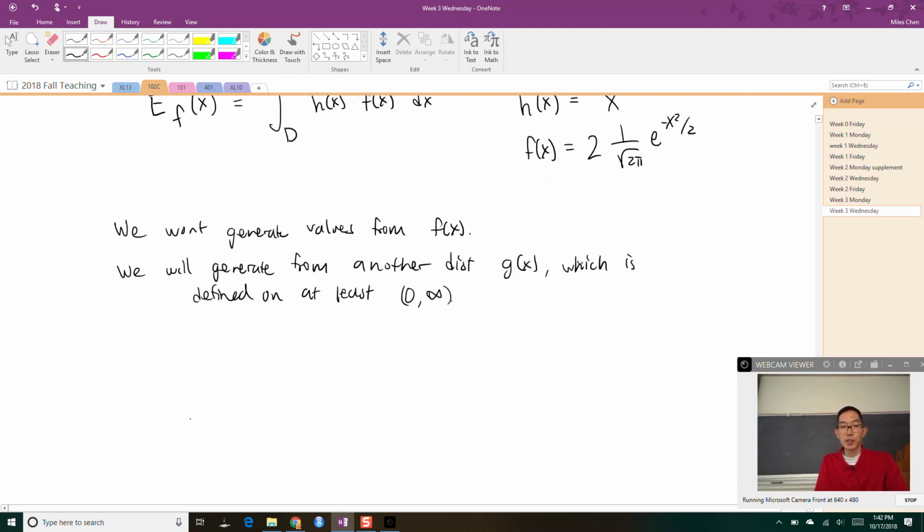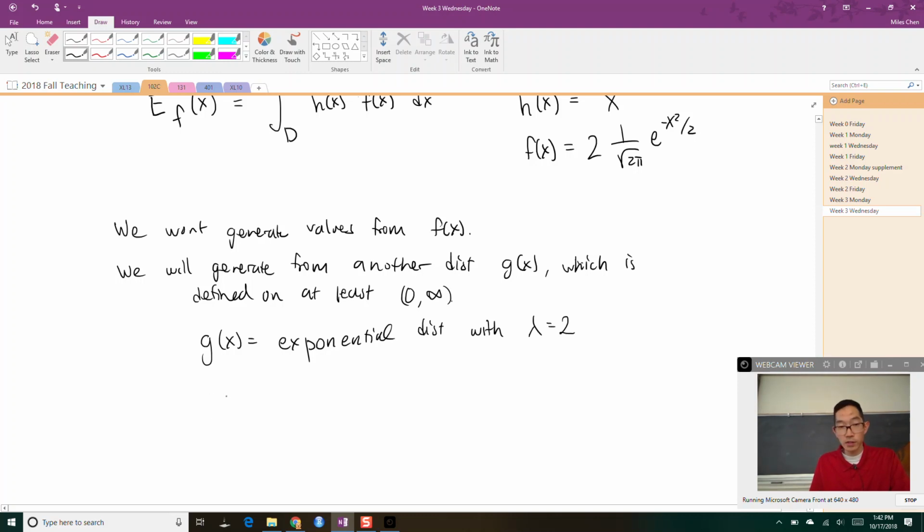Okay, so maybe a candidate g of x can be just the exponential distribution. Let's use an exponential distribution with lambda equal to 2.